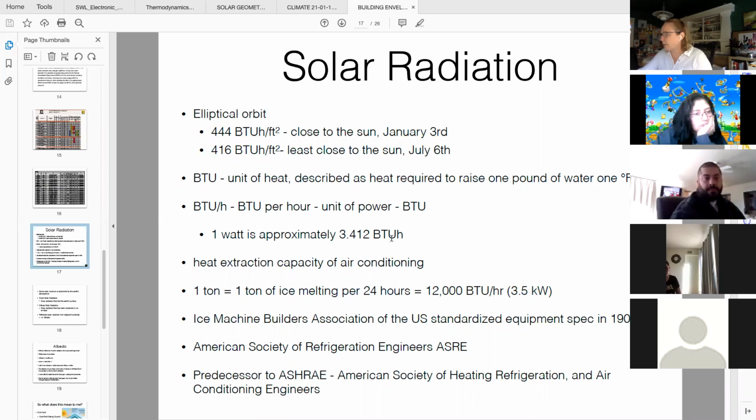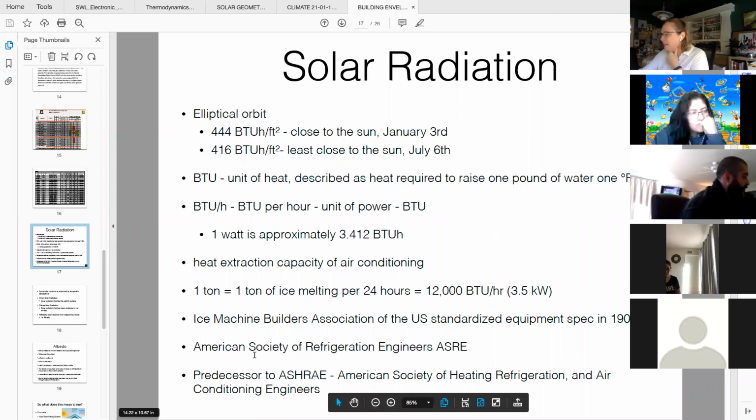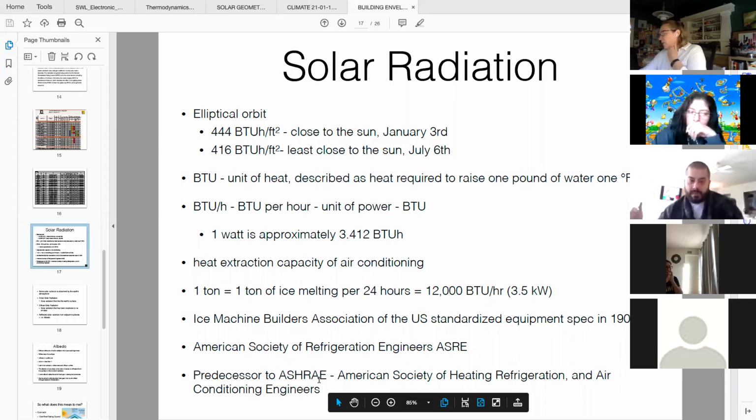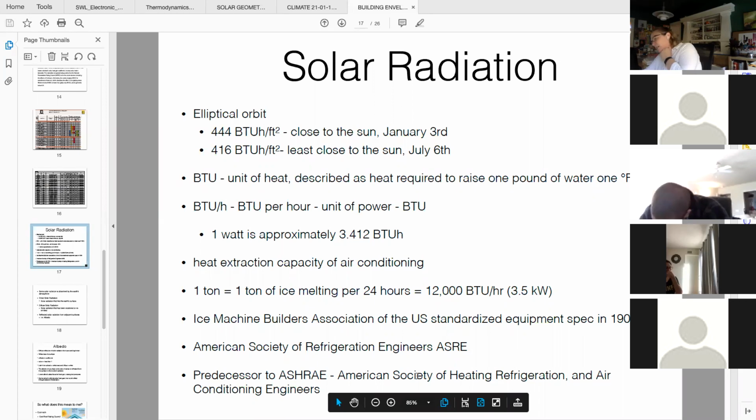It's ancient, and now we have weird numbers like 3.412, whereas the rest of the world talks in watts. We no longer have the Ice Builders Association. These days it's ASHRAE, the American Society of Heating, Refrigeration, and Air Conditioning Engineers.